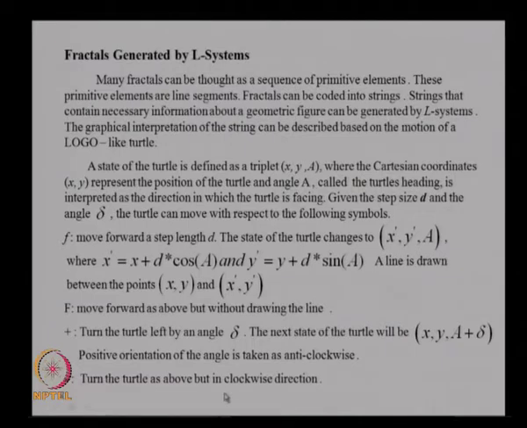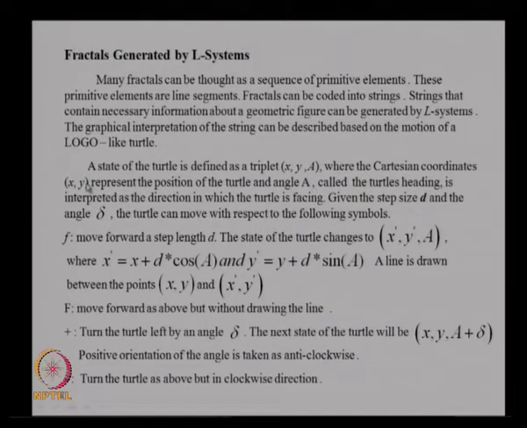In general, the position of the cursor turtle is denoted by 3 values: x, y are the coordinates and a is the orientation of the cursor. The step size is d and the angle increment is delta.